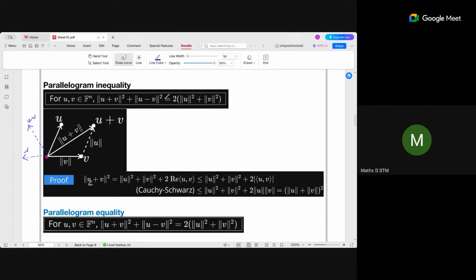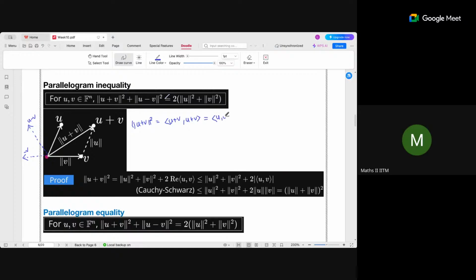So how do we prove this? Norm of u plus v whole square is equal to norm u square plus norm v square plus 2 times the real part of inner product u comma v. How did we come to this? Can anyone say? It is a straightforward thing. Norm of u plus v whole square is inner product of u plus v comma u plus v, right?